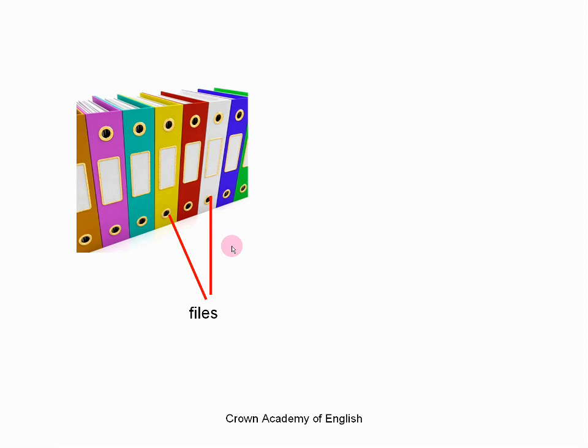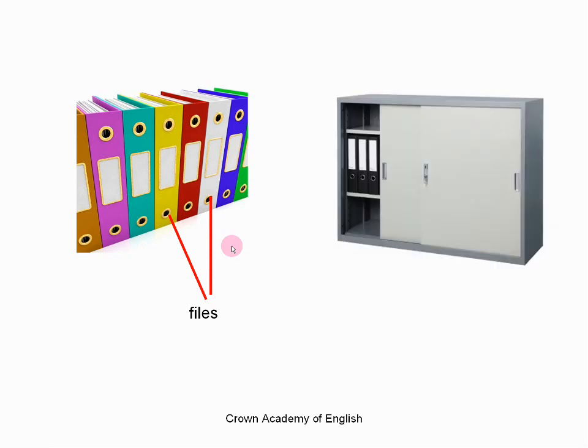And we put files in a filing cabinet. So we put the files in the filing cabinet. We store the files in a filing cabinet. And here we can see them here. Here there are 3 black files in the filing cabinet.